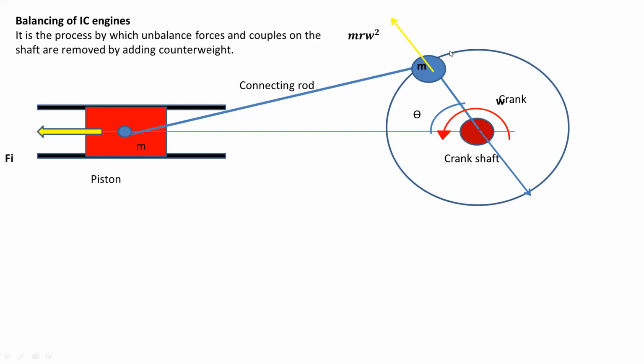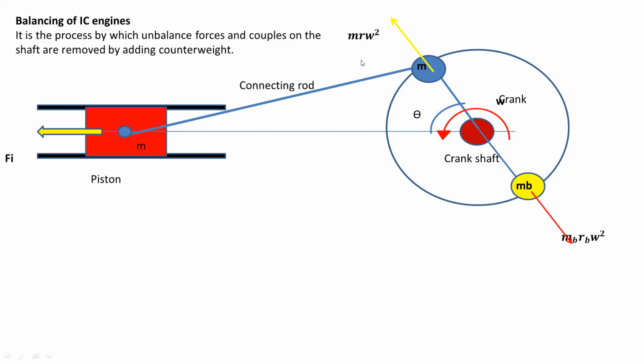Now the next part is we need to balance this unbalanced force. So we will add the counter mass exactly in the opposite direction. This is the balancing by adding a single counter mass in the opposite direction. Here you can observe the mass value is mb, its radius is rb, and omega square.